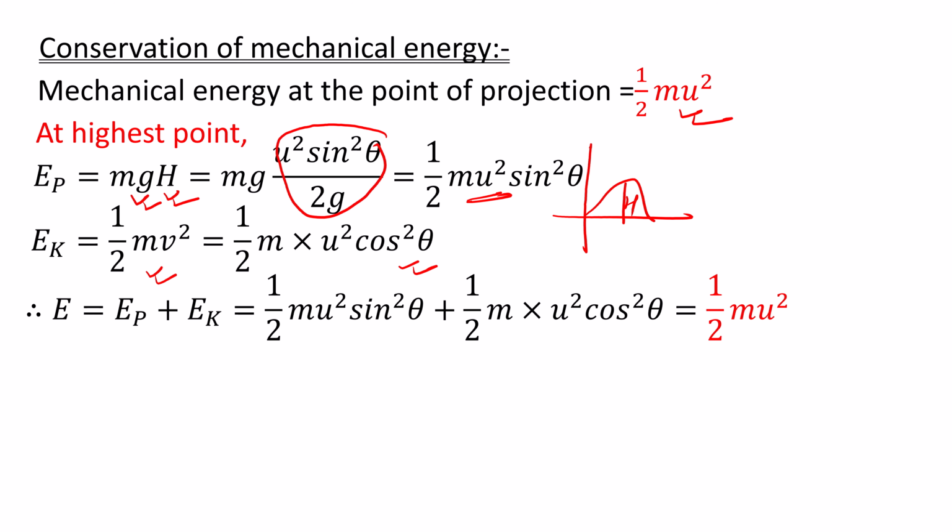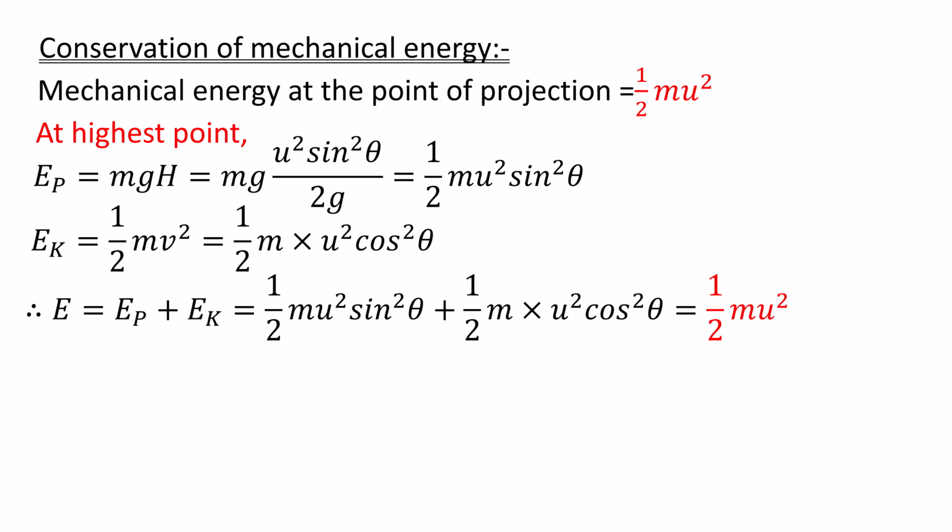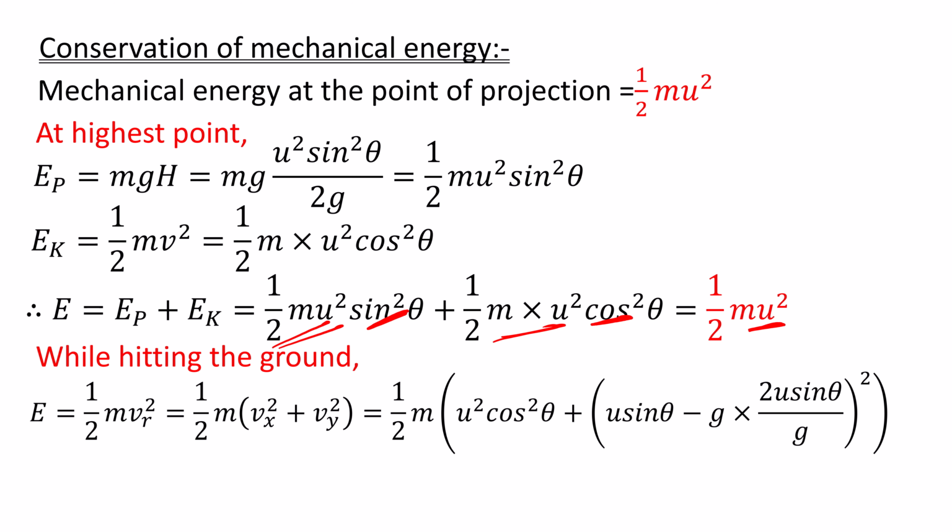Total energy equals the sum of kinetic energy plus potential energy. (1/2)mu² comes common, and sin²θ plus cos²θ is equal to 1. That's why the expression equals (1/2)mu². At the time of hitting the ground, energy equals (1/2)mv².